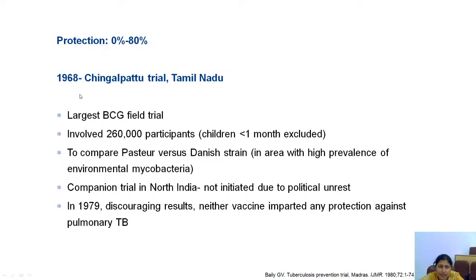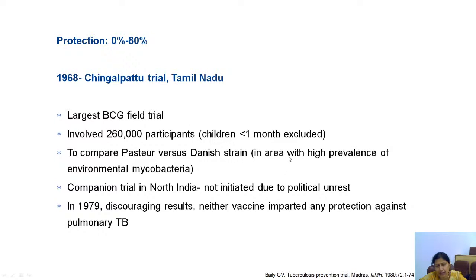A major trial was done at Chengalpattu, Tamil Nadu in 1968 on this vaccine. It is the largest BCG trial in the world, involving around 260,000 participants. Children less than 1 month were excluded from this study, to compare the Pasteur strain and the Danish strain.